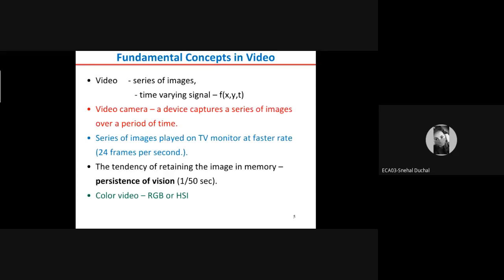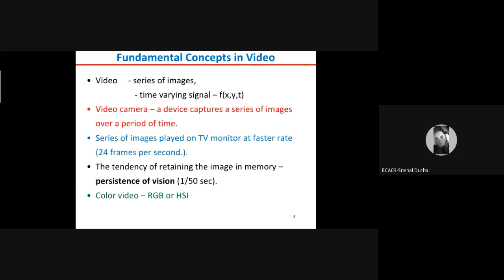When we consider a color video, as we studied in image processing, we can use various models for images. We can use the RGB model, the HSI model, and the CMYK model.